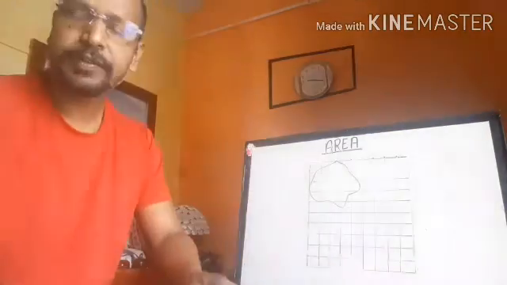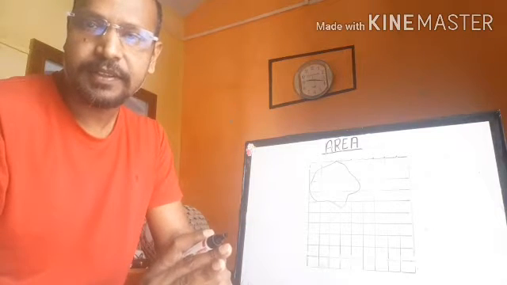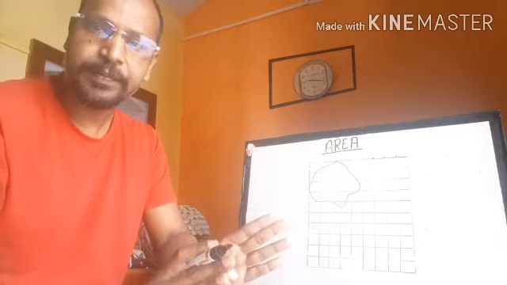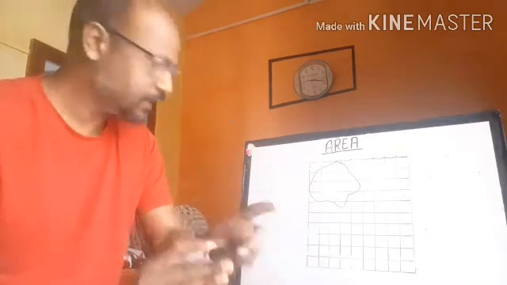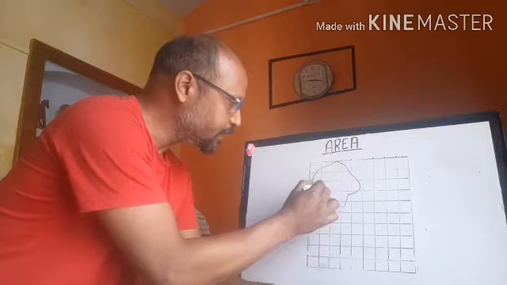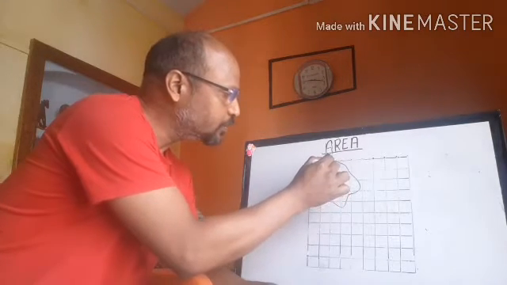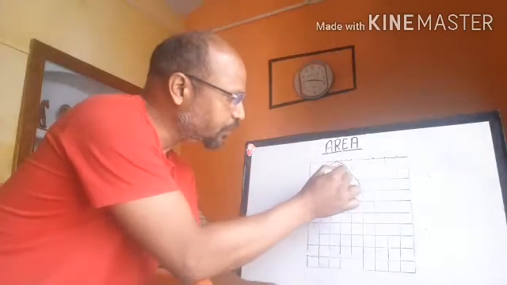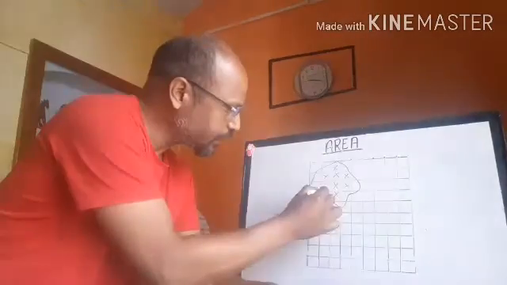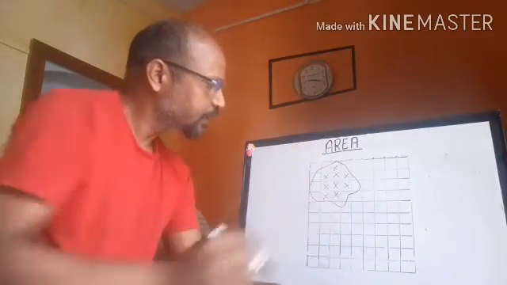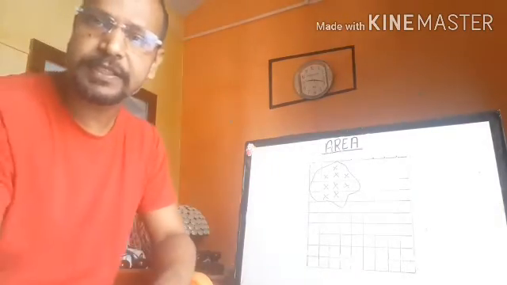First I will count the number of squares that are complete inside the figure. They are not intersected by the outline, and they are complete. So let's see. Here it is 1, 2, 3, 4, 5, 6, 7, 8 and 9. So there are 9 complete squares enclosed by this figure.